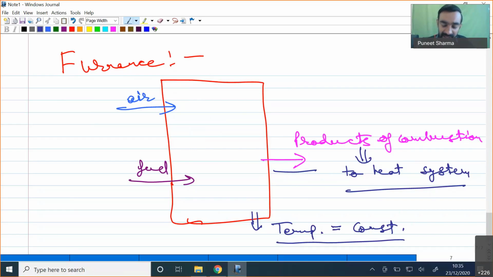When we are adding heat to our thermodynamic system, we generally do it with the help of these furnaces, where fuel provides the energy and we take out that energy at the rate at which fuel is providing it, and the temperature of the furnace is constant. So I can consider this furnace also as my thermal reservoir.